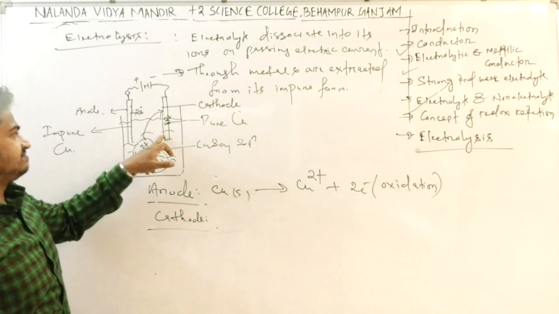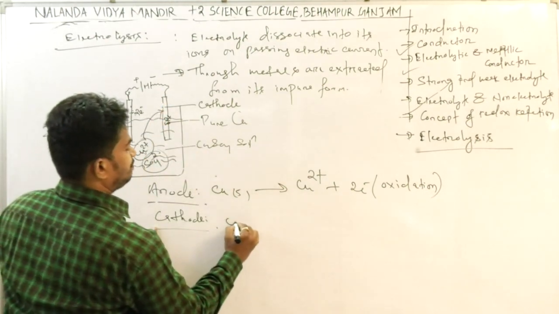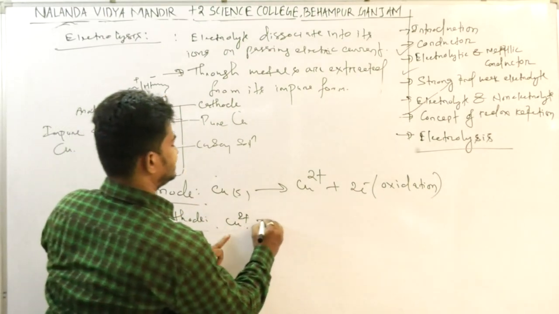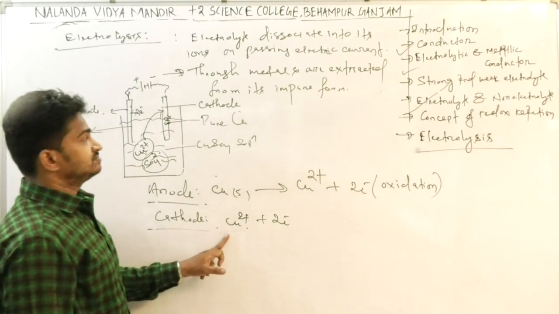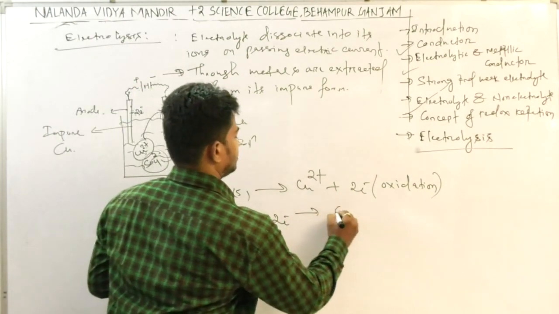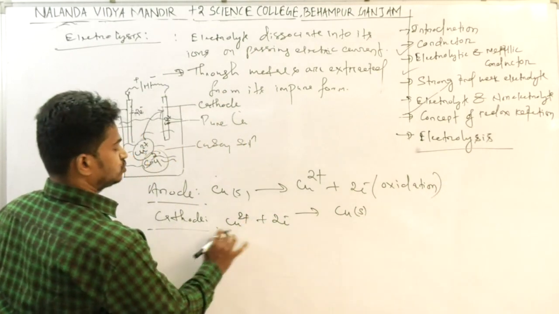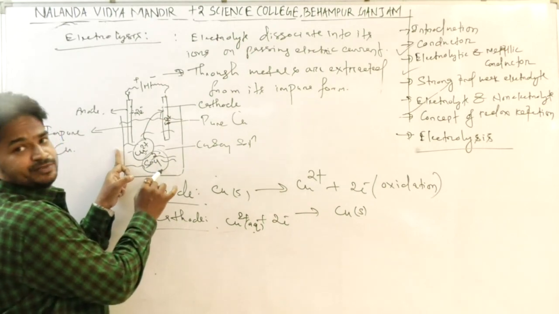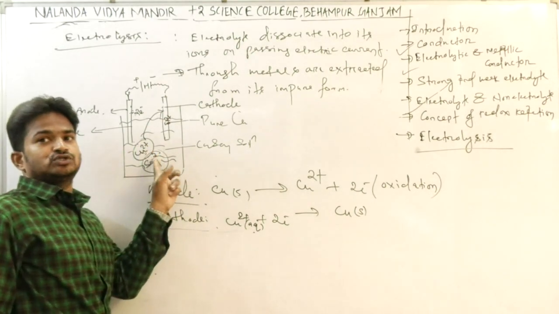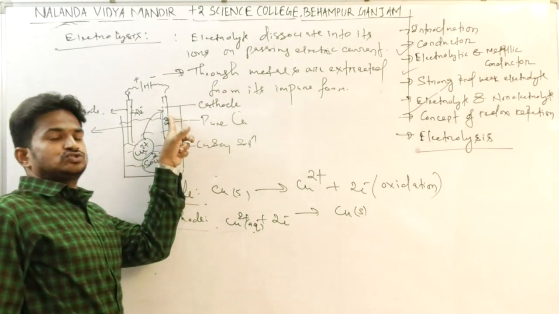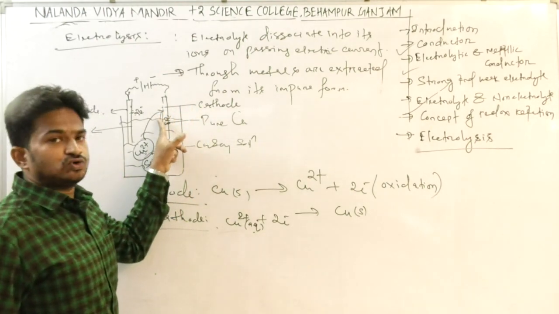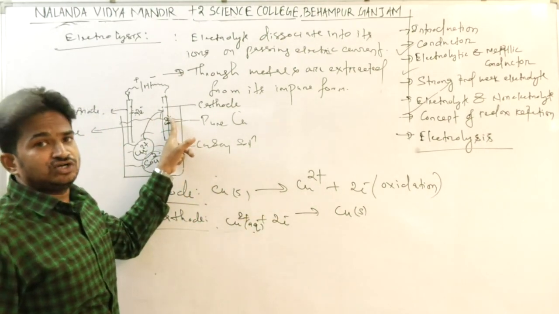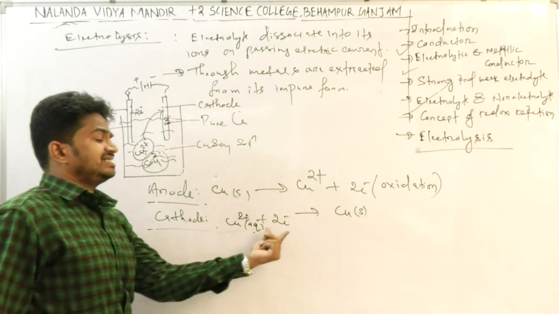When Cu2+ ions are on the cathode electrode, they receive 2 electrons and become solid copper. So Cu2+ ions from the copper sulfate solution come to the surface of the cathode and gain 2 electrons.